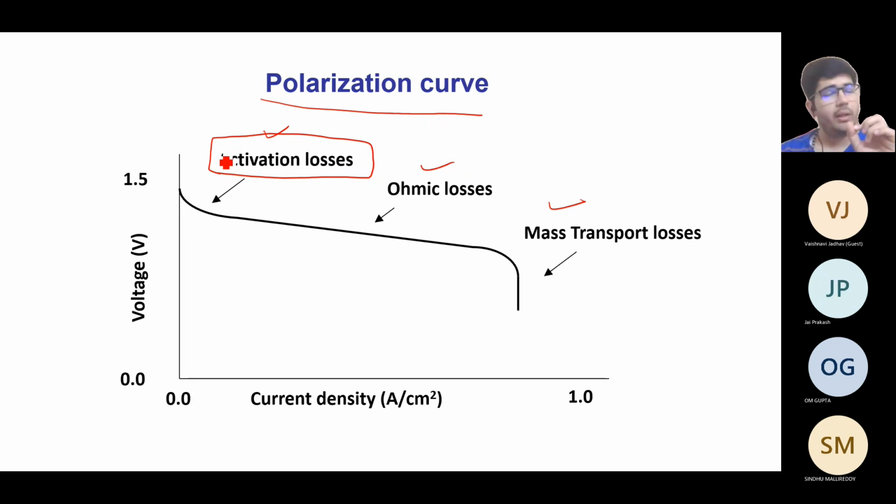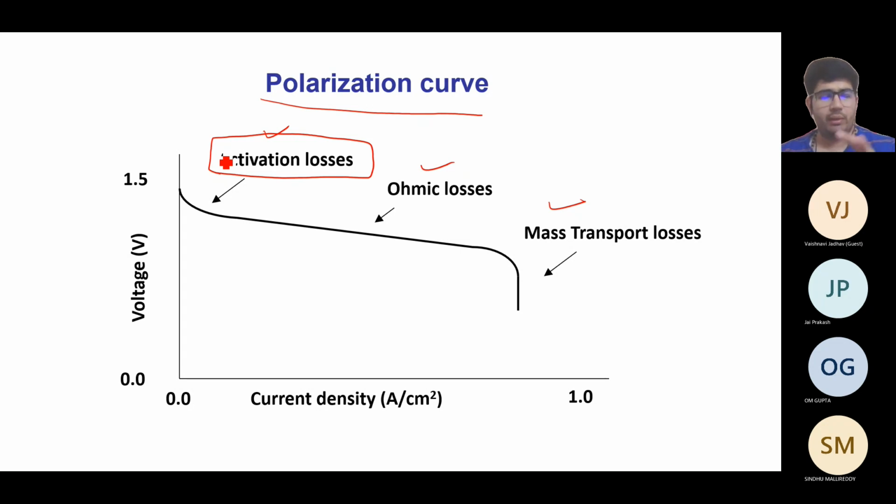Suppose your electrochemical reaction can generate 1.5 volts, but 0.2 volts is lost, or some amount of energy is going to fulfill that activation barrier, and after that we can get the complete energy from that reaction. So that will be the activation loss.